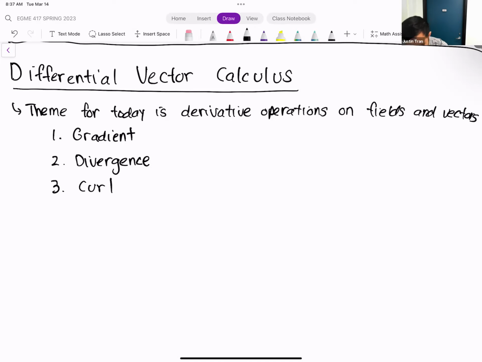Okay, so let's start with the gradient. The gradient is the first thing that we should learn. It takes the concept of a derivative and expands it to multiple variables.